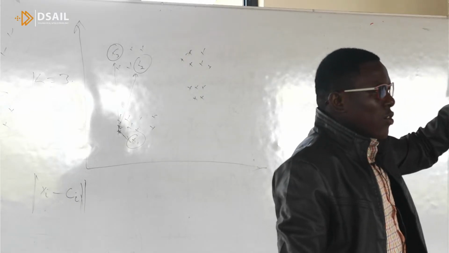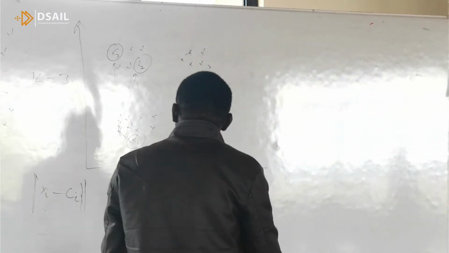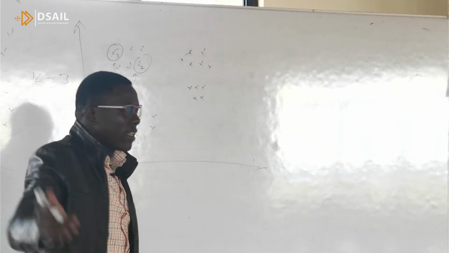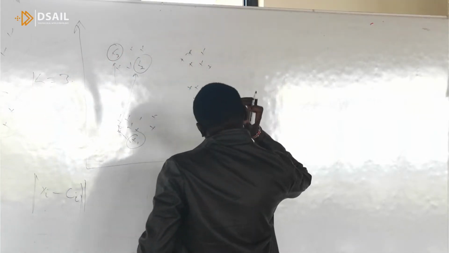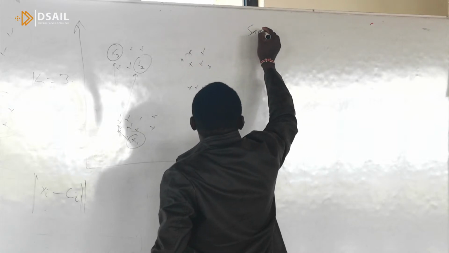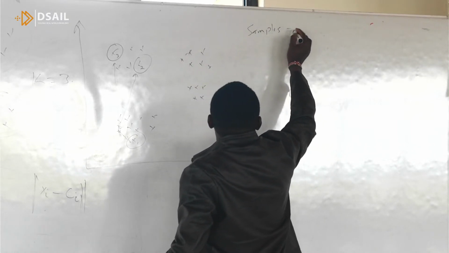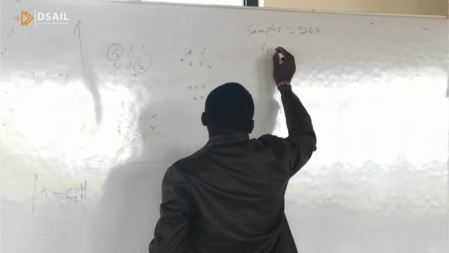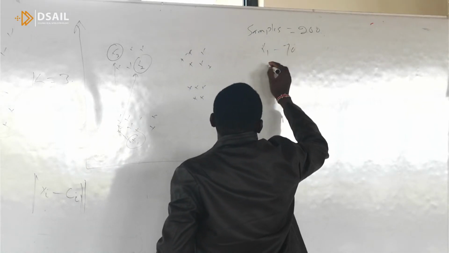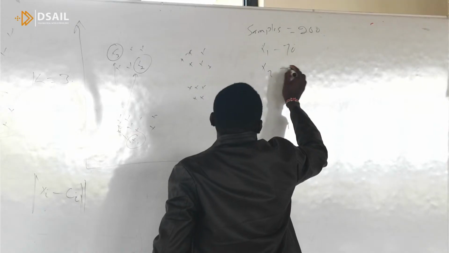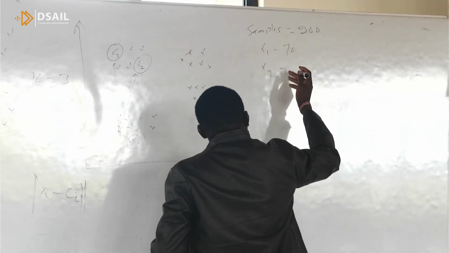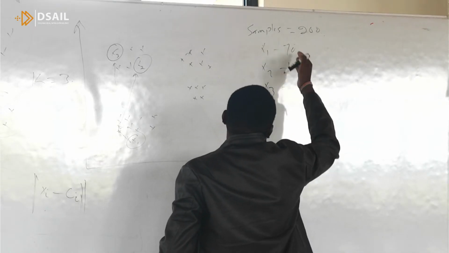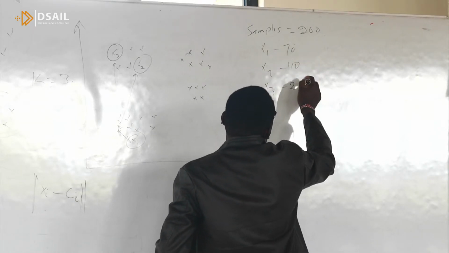After that, the next step is updating the centroids. You have already assigned all the points to a particular center. Let's say you had a number of samples, let's say 200. You'll find that x1 ended up having, let's say, 70, x2 ended up having 110, and x3 ended up having the remainder, 20.